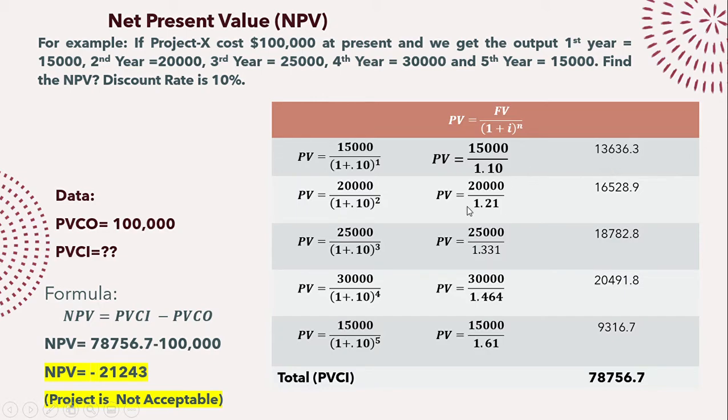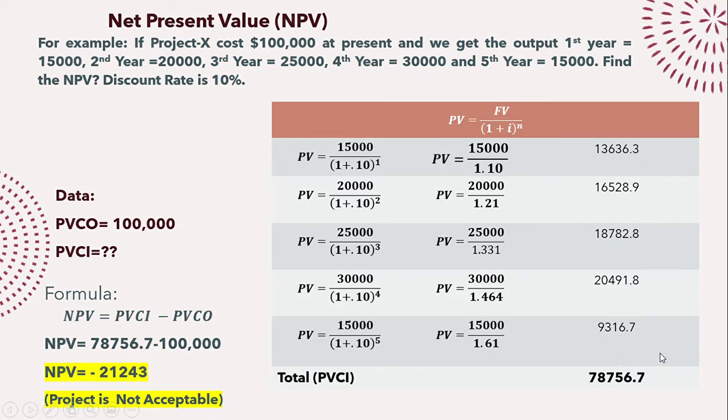And 20,000 will have its own present value. If you discount it, the 20,000 you receive after 2 years has a present value of about 16,000. 25,000 has a present value of about 18,000, 30,000 has a present value of about 20,000, and the 15,000 you receive after 5 years has a present value of about 9,000.